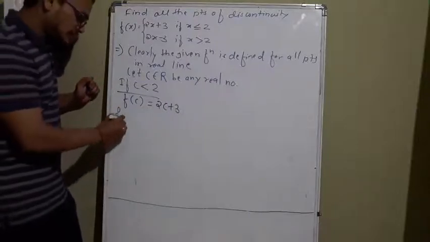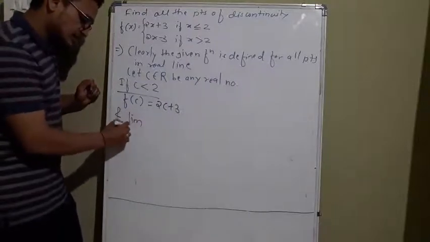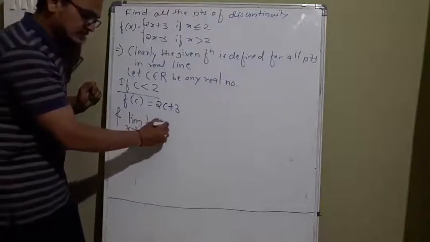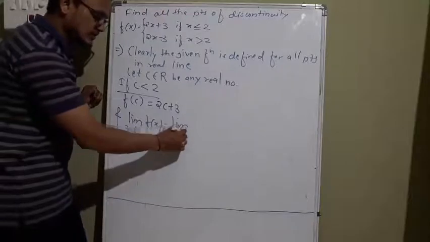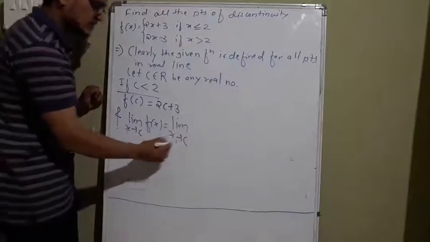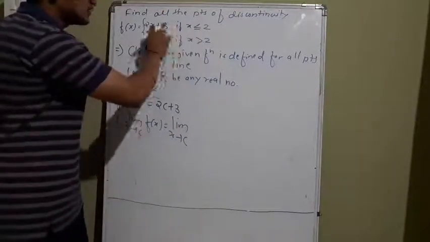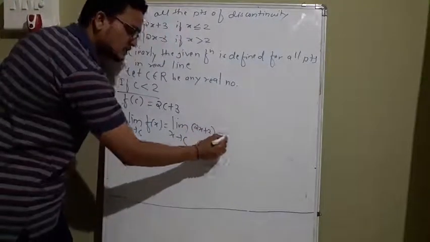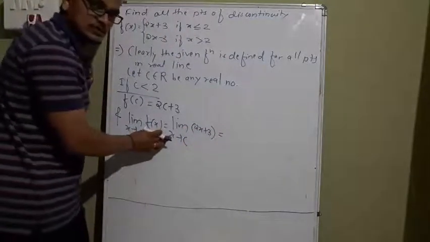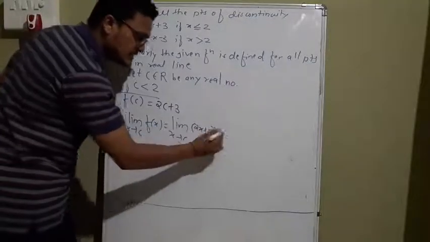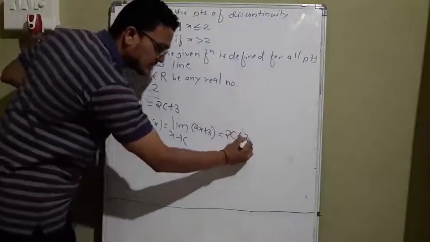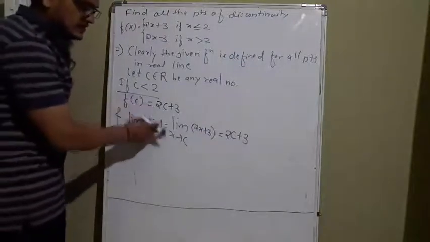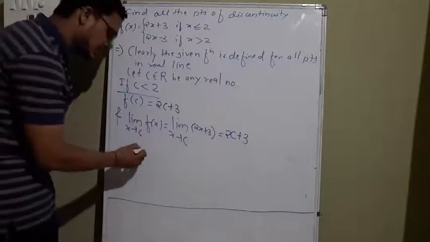And limit x tends to c, f of x is equal to limit x tends to c of 2x plus 3, since f of x is 2x plus 3 for less than 2. Substituting the limit as x tends to c, the answer is 2c plus 3. So f of c and the limit value are both the same.